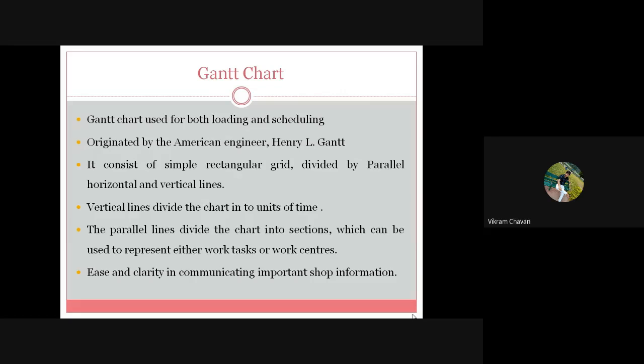Vertical lines divide the chart into units of time. The parallel horizontal lines divide the chart into sections, which can be used to represent either work tasks or work centers.